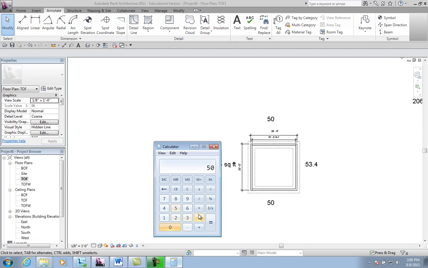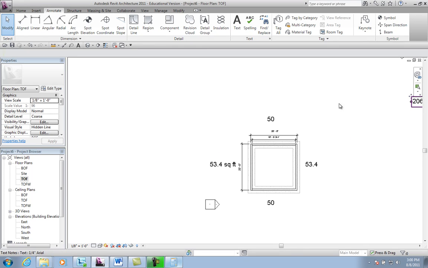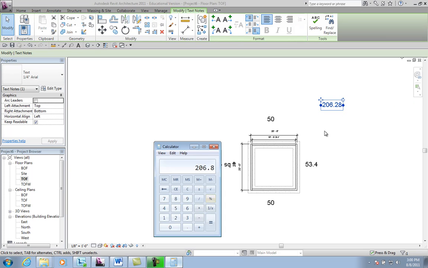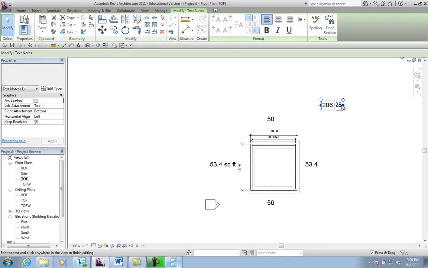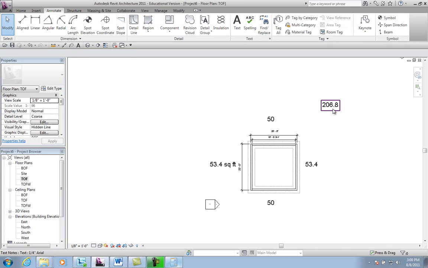I'm going to say 50 plus 50 plus 53.4 plus 53.4 equals 206.8. That's how many square feet of surface area you have. So we'll write that down. This is the calculation I had before. It's a little bit different, so we'll change it. It just depends on how you round. But 206.8 is how many square feet we have around this block wall.